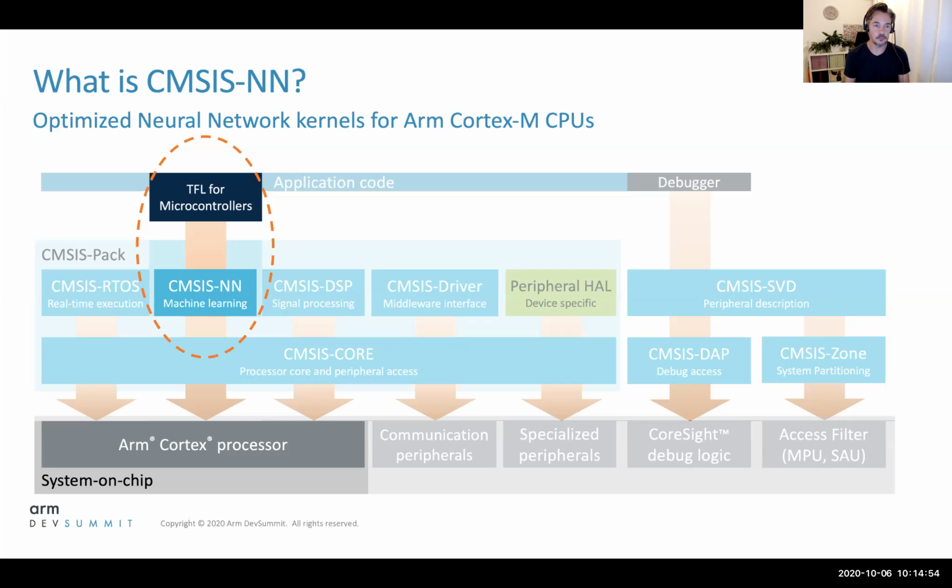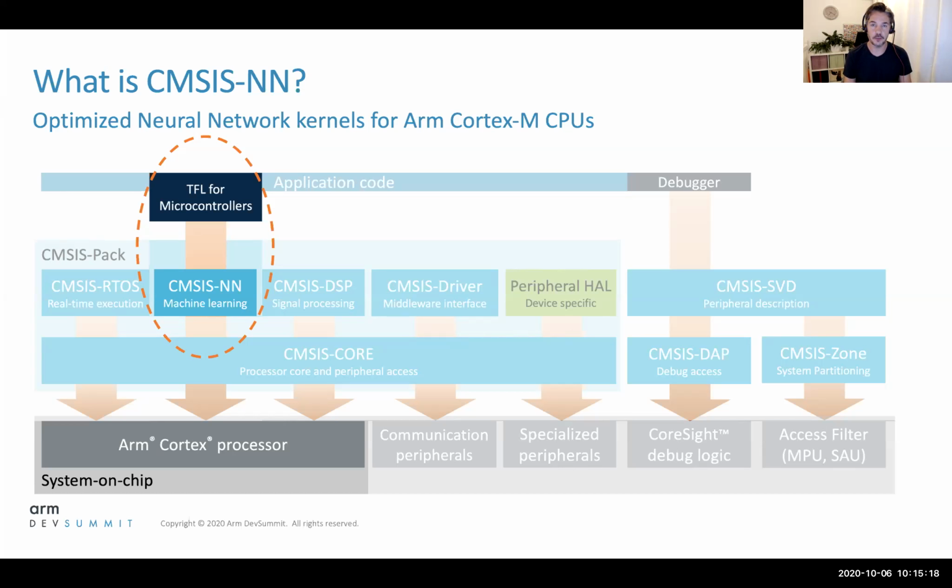There are components such as an RTOS, optimized DSP libraries, and optimized neural network libraries. And this is all open source software. It comes with an Apache 2.0 license, a permissive license, so it makes it quite easy to use and build upon.